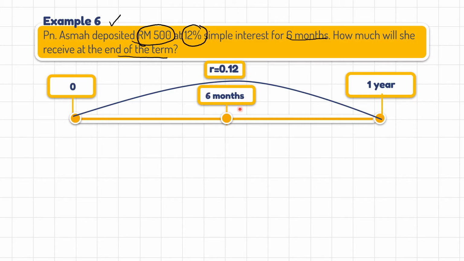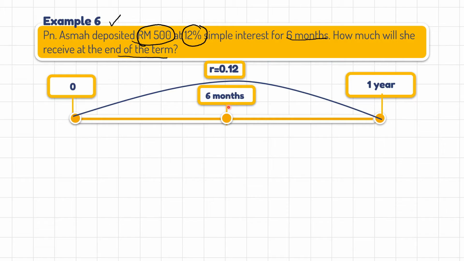This is because from the question, Puan Asmah deposited 500 ringgit at 12% simple interest for 6 months. Then the question asks you to find how much will she receive at the end of the term. The key phrase here is at the end of the term, meaning that the question wants you to find how much Puan Asmah received up until 6 months only.